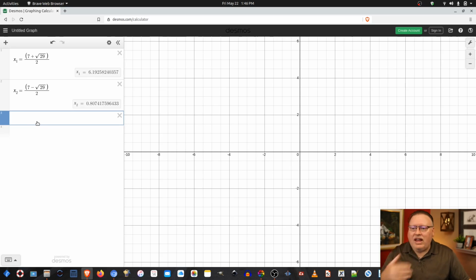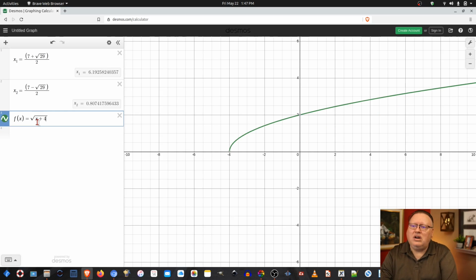So now all I have to do to check this is come down here and look at f. We're going to do the left-hand side and the right-hand side. F of x is equal to the square root of x plus 4.